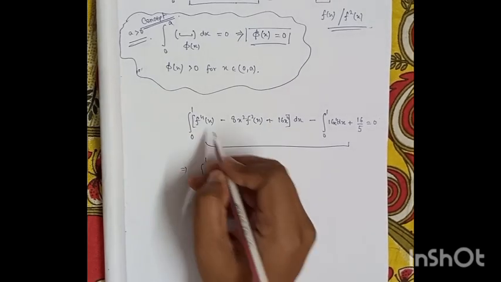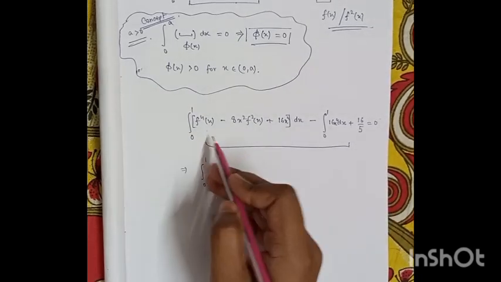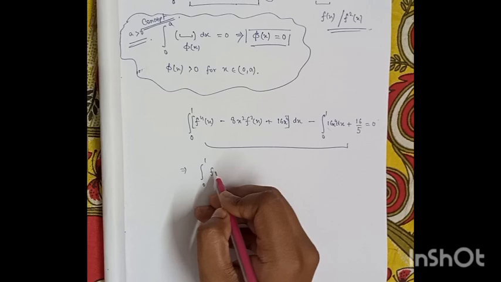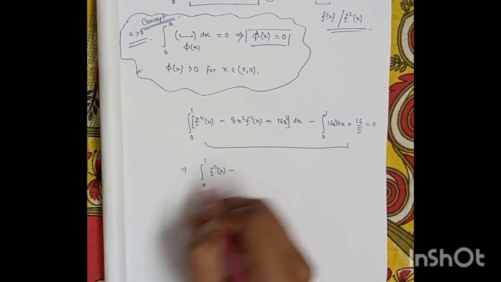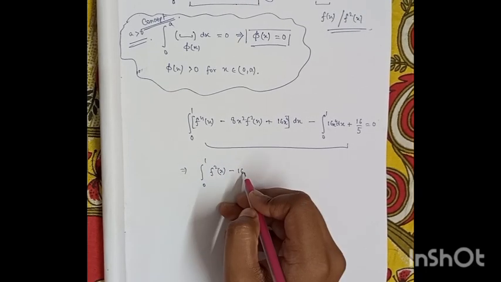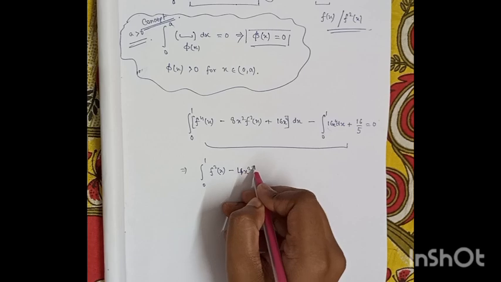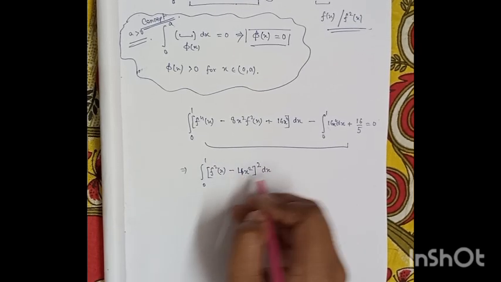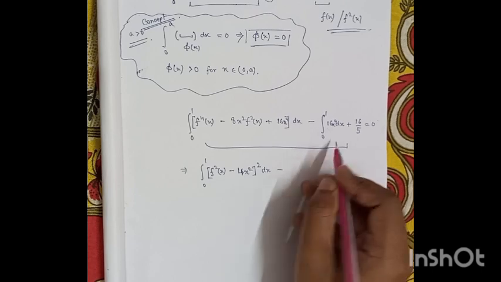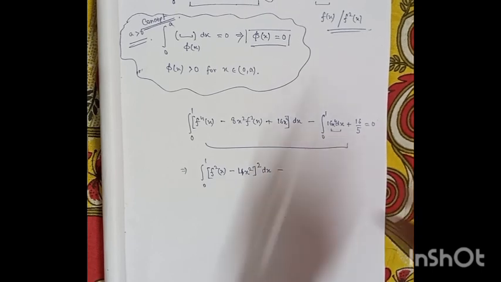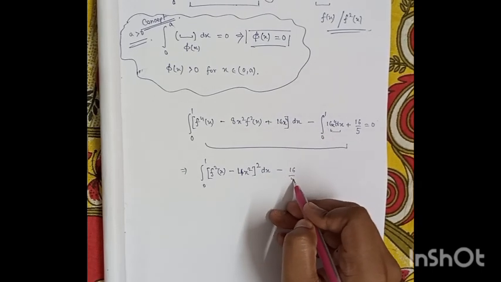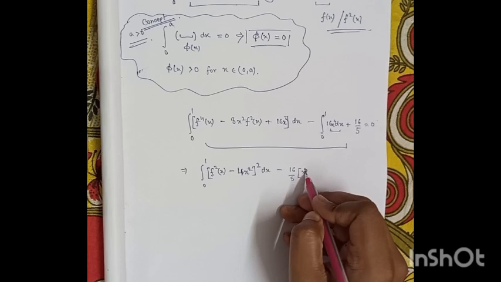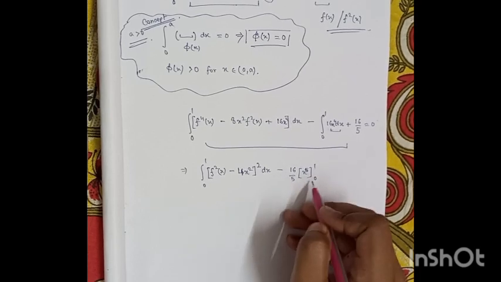So inside this integral, the integrand is simply the square of this term. And here if we evaluate this integral, it is 16/5 x⁵ with limits from 0 to 1.